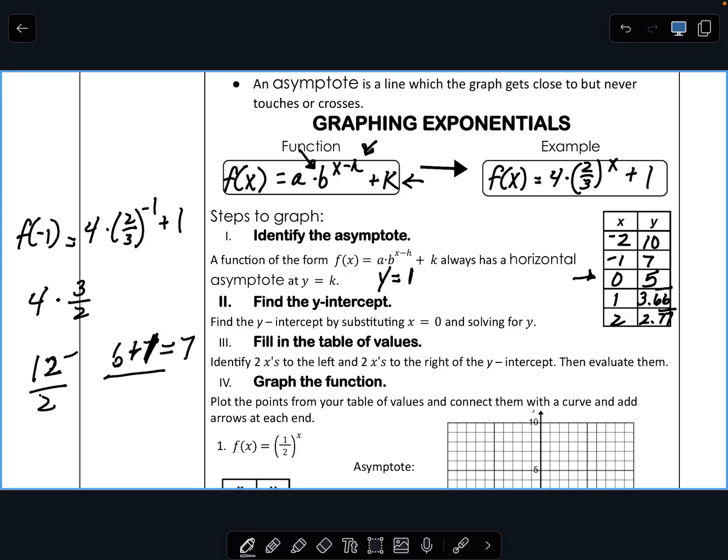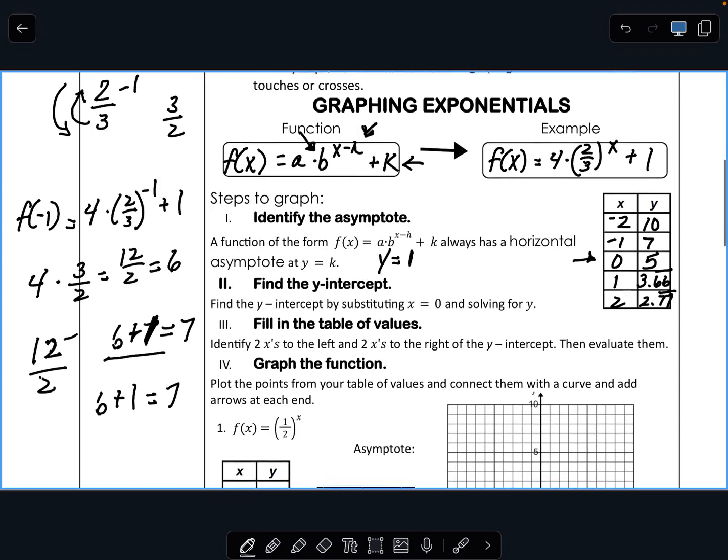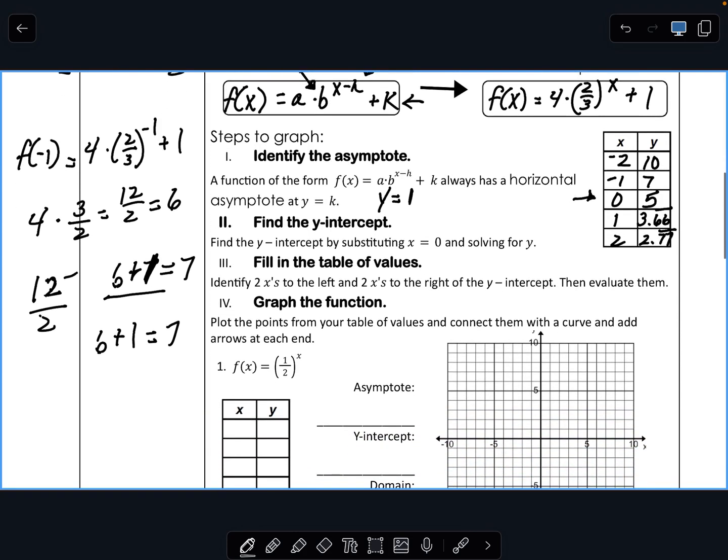That's where I get my 7. Because remember, this turns into 12 over 2, which equals 6. So 6 plus 1 equals 7. Remember, I do this by flipping these two and making my exponent positive. So 3 over 2 to the first. All right, and then you would go ahead and graph that function.